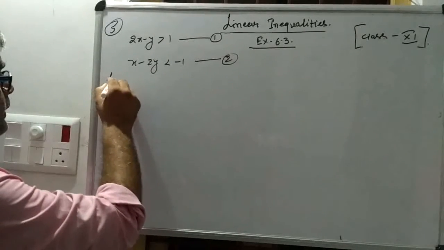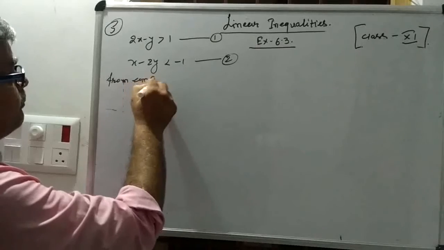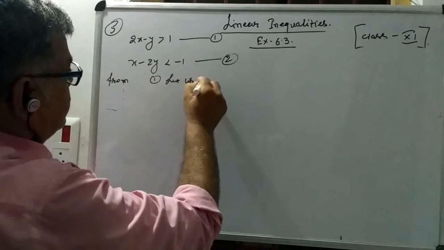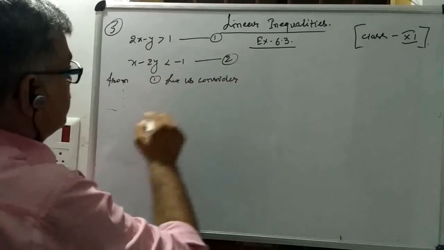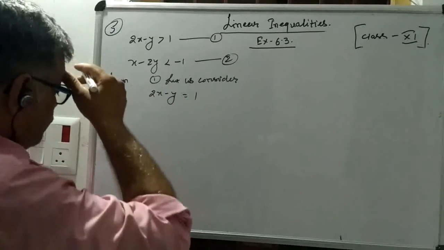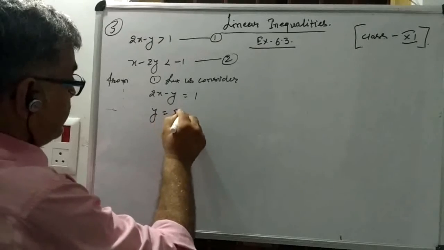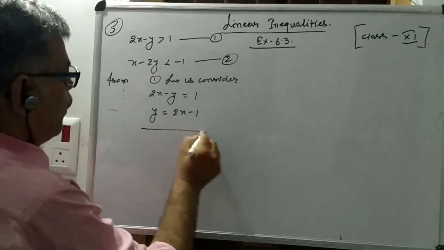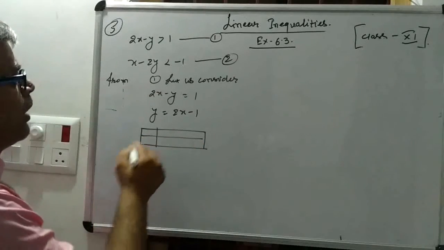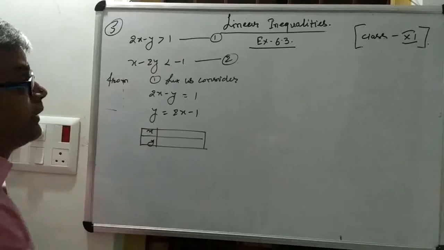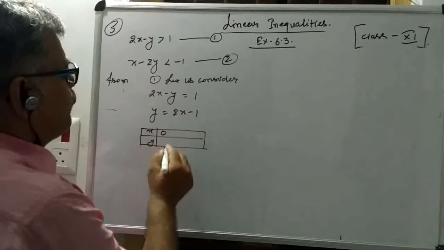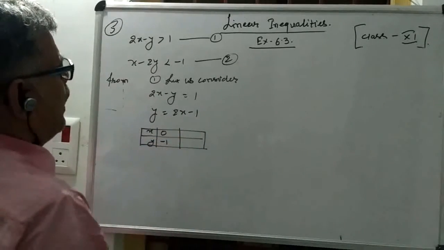So from equation 1, let us consider 2x minus y equals 1. So you can write y equals 2x minus 1. Now draw its table. When x is 0, then y becomes minus 1.